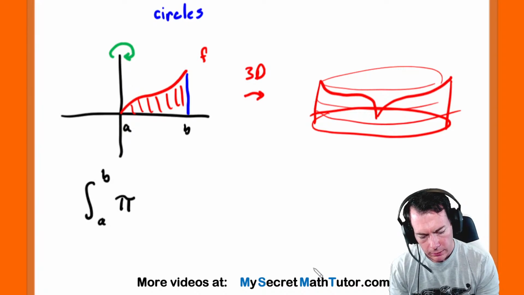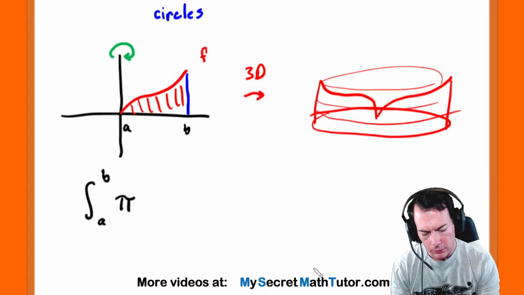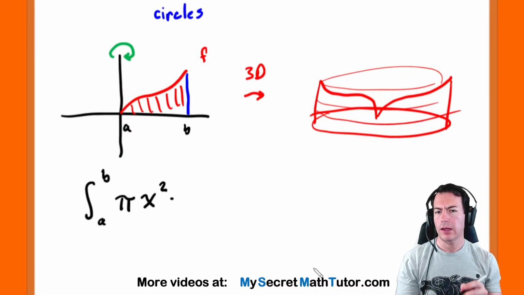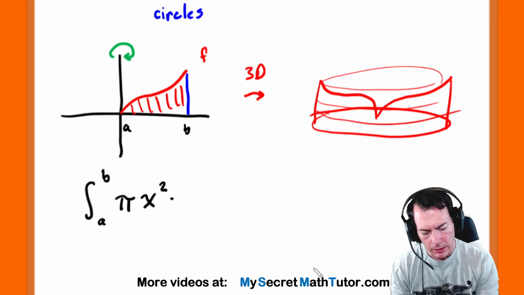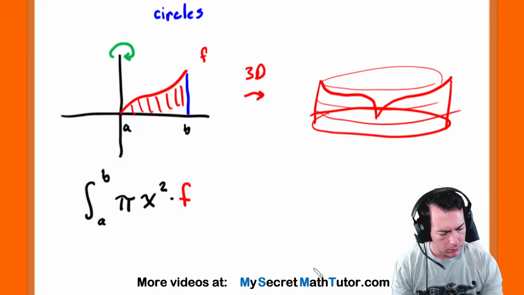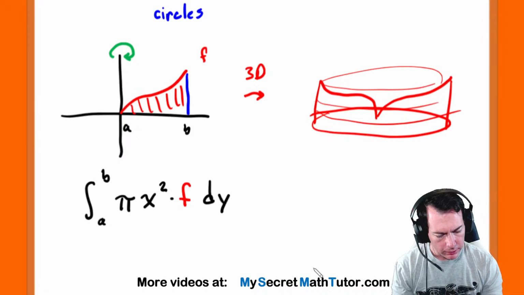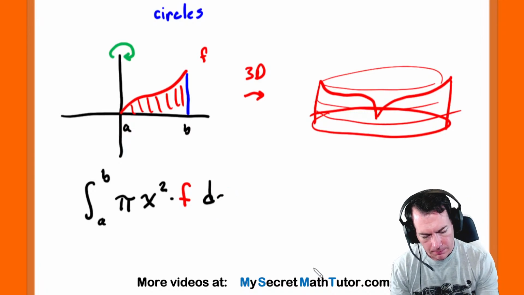The radius in this case is being controlled by your value of x, so pi r squared, and the height is actually being taken care of by the function. So pi r squared multiplied by the height, dx. Oops, not dy. Why do I do that? Dx. There we go.